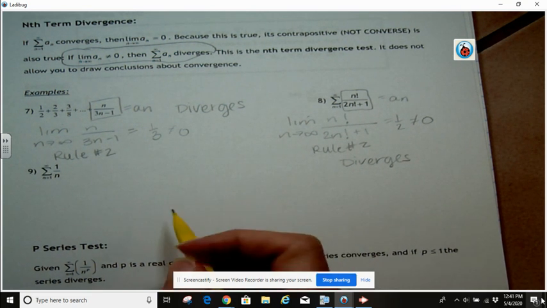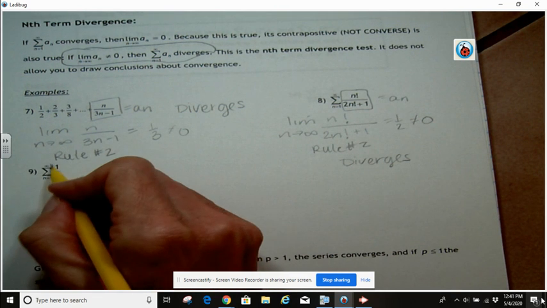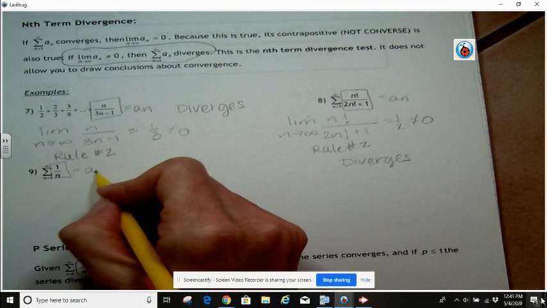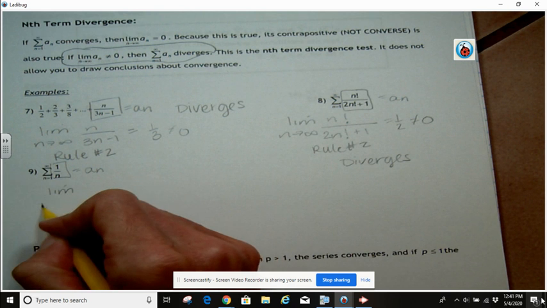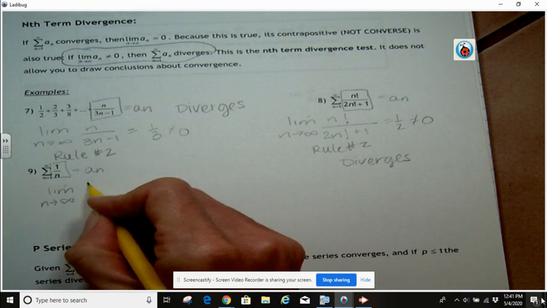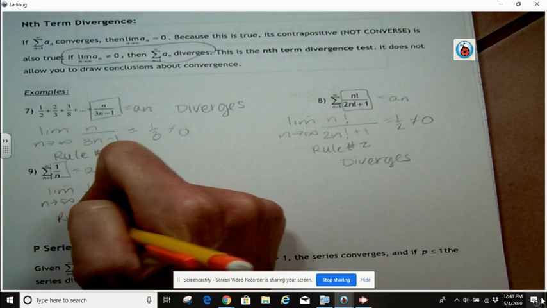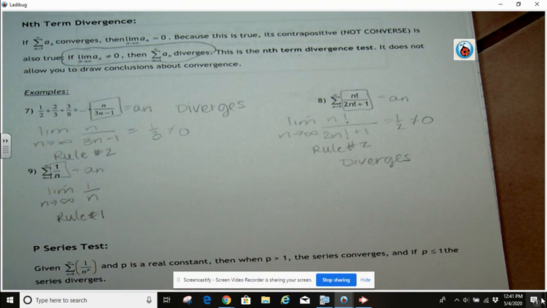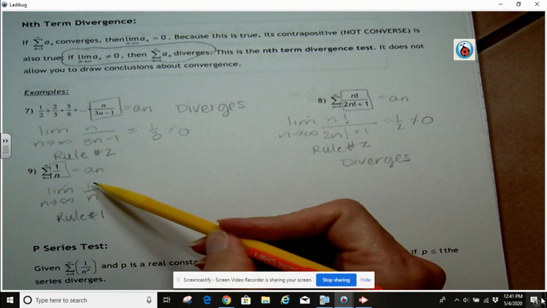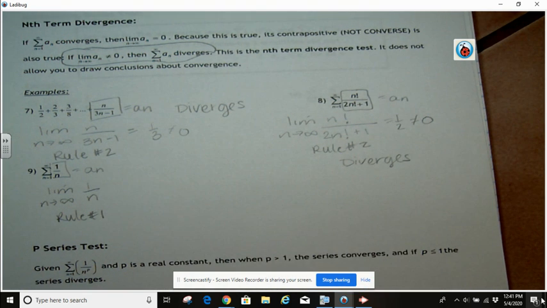So let's look at number 9. So this right here is my a sub n. So I'm going to do a limit as n goes to infinity of 1 over n. Well, this is a rule number 1. The degree of the numerator is 0 and the degree of the denominator is 1. So rule number 1 says the degree of the numerator is less than the degree of the denominator.